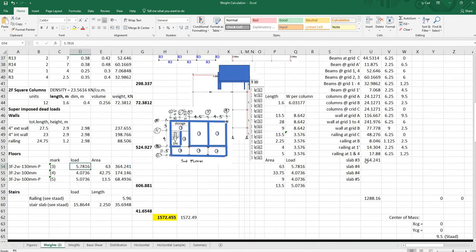Let's go back. Then its centroid would be 9 meters. And then the y-coordinate would be 2.5 plus 3.5. And then slab number 4, this hallway slab, we first multiply the area, and that is 13.5 times 2.5 with the load, which is 4.0736.